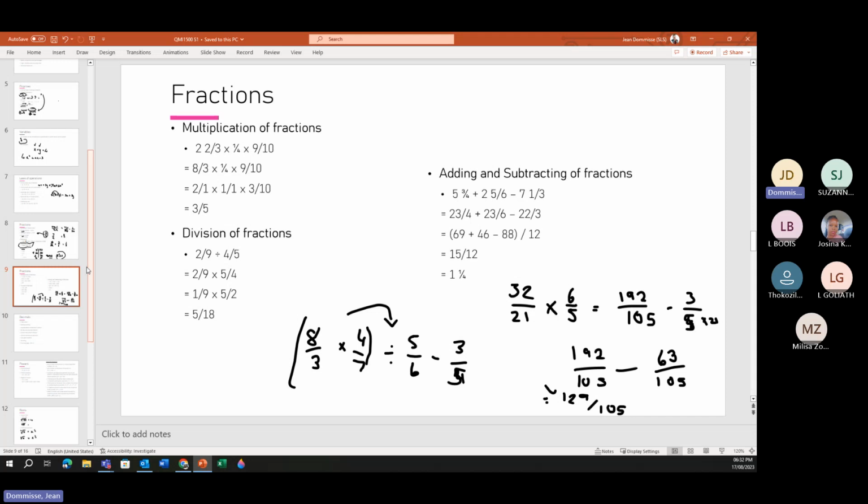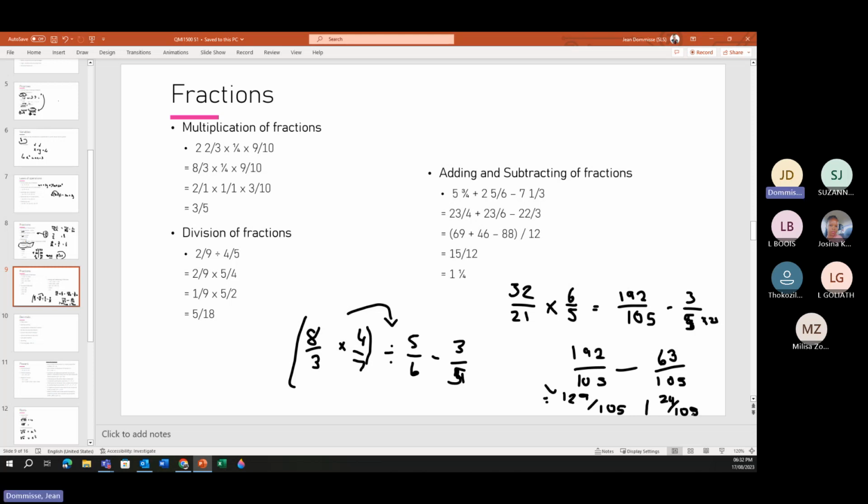It might be that they give you an improper one, so that we say, okay, well, it's 1 and 24 over 105. So depending again on, look at your answer set to decide which one you go with.